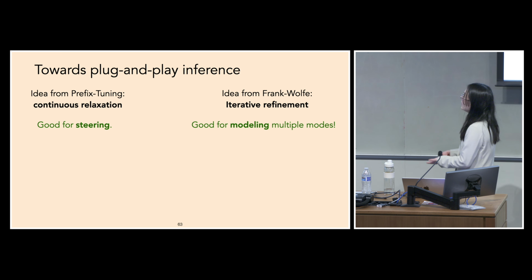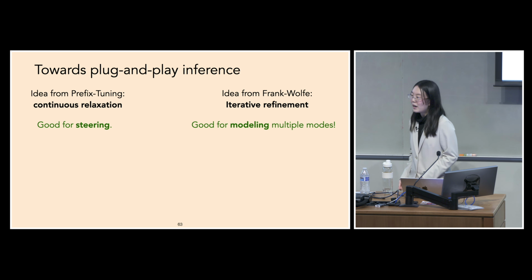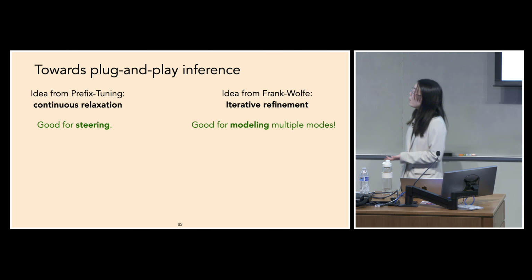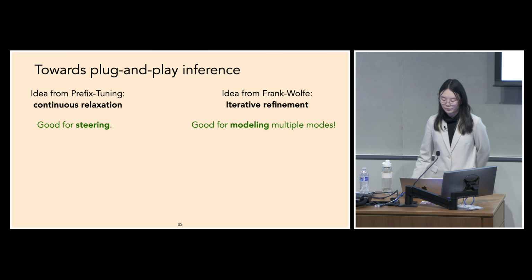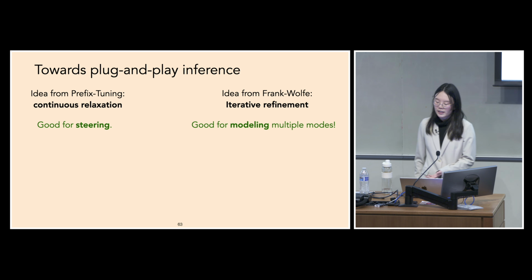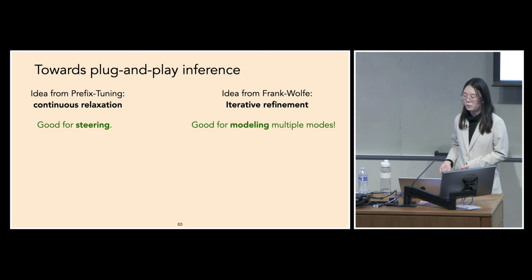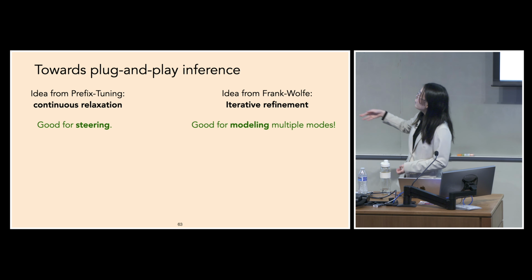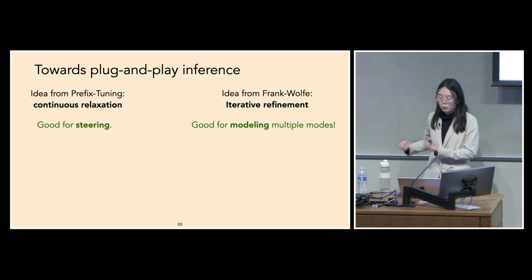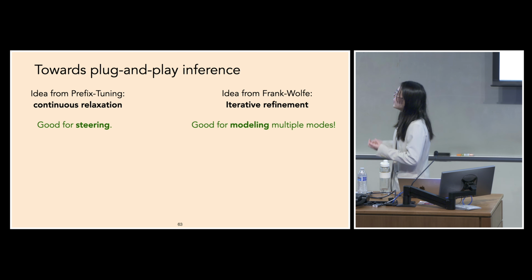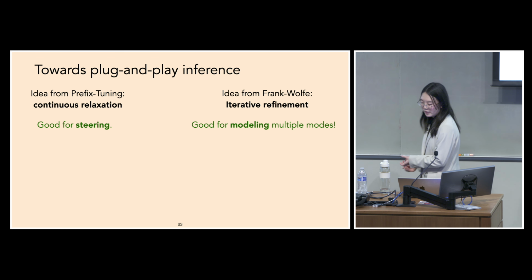And this is the core idea underlying our Frank-Wolfe-inspired algorithm. So doing iterative refinement is good for modeling different modes. The steering advantage from the continuous relaxation would make the model more controllable. And the iterative advantage would make the model more expressive.